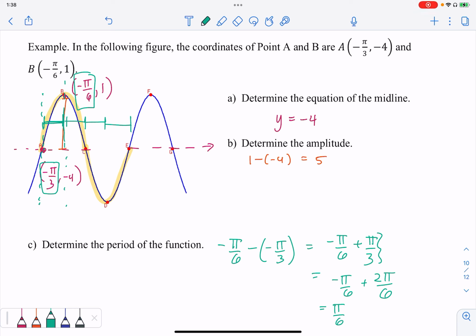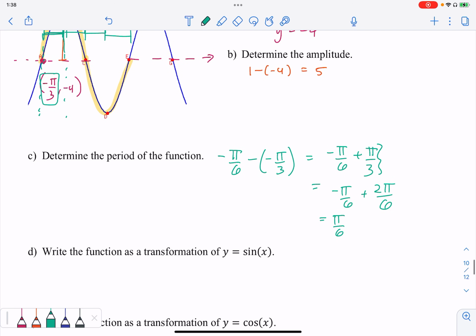Okay, so I know that the horizontal distance between point A and B is π/6. So 4 times that should get me the length of the period. So my period is going to be π/6 times 4, which is 4π/6, which is 2π/3.